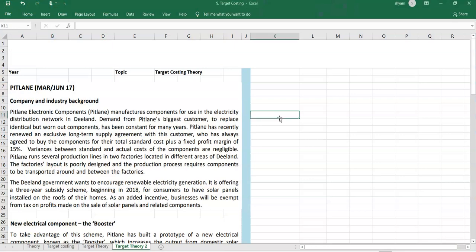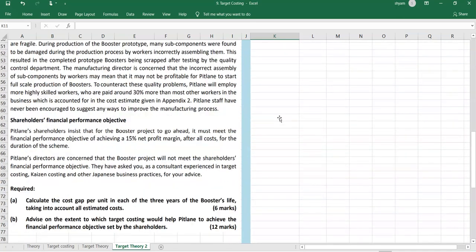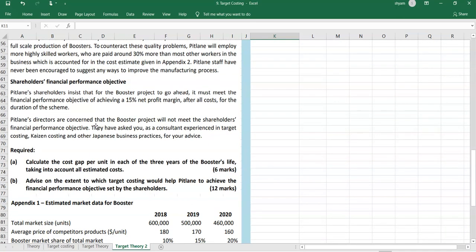So we'll start from this question. This is a lengthier question, and what they want is to calculate the cost gap per unit in each of the 3 years of the booster's life, taking into account all estimated costs. In each year we have to tell what is the difference between the target cost and the estimated cost.